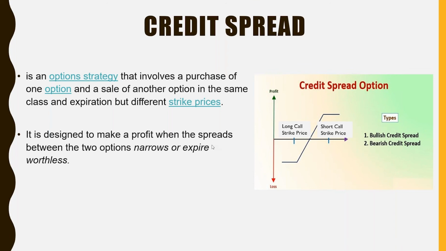The idea is to capture three scenarios out of the four: the stock moving sideways, slightly against you, or slightly in your favor, and you'll be profitable. The option spread gets narrower or expires worthless, which keeps the max gain.